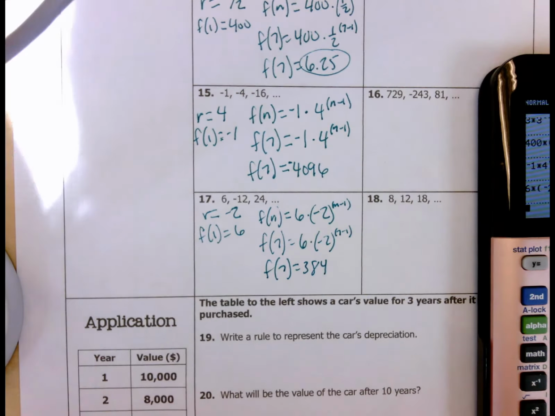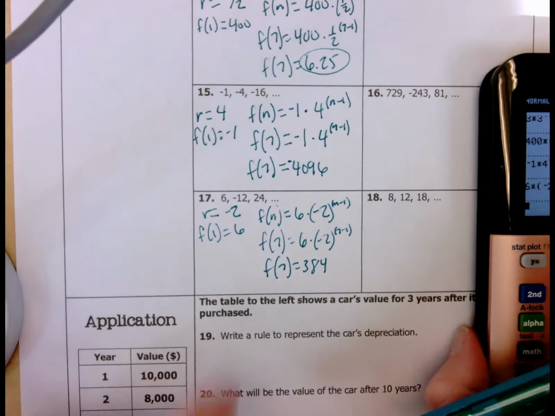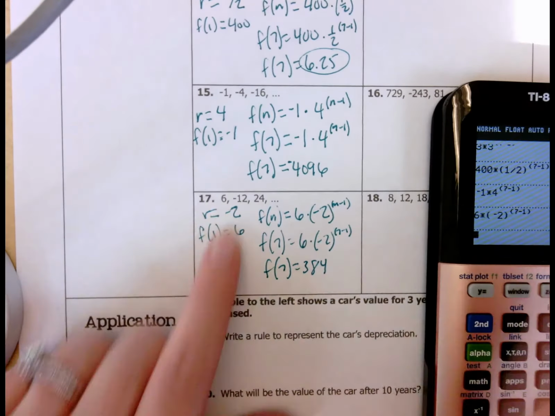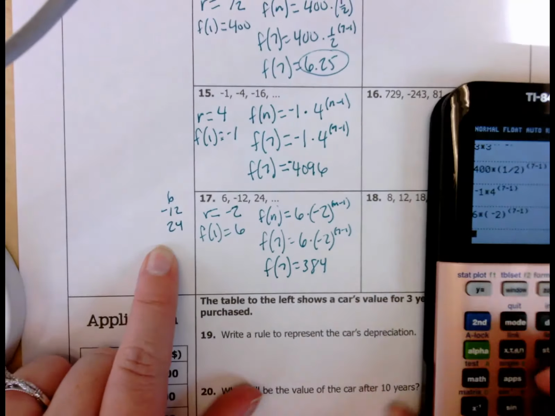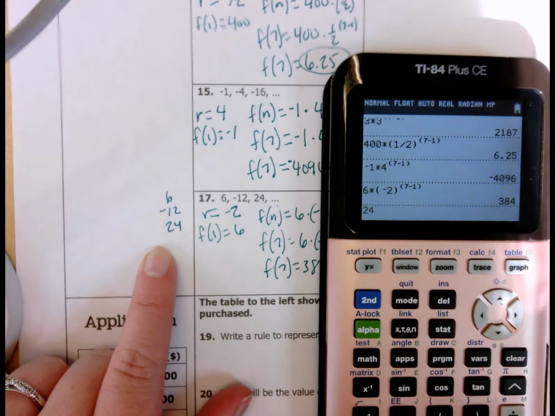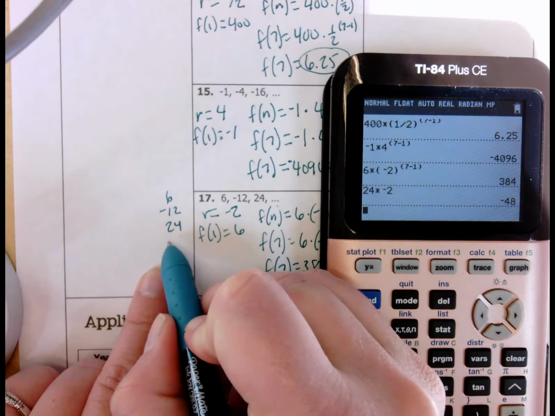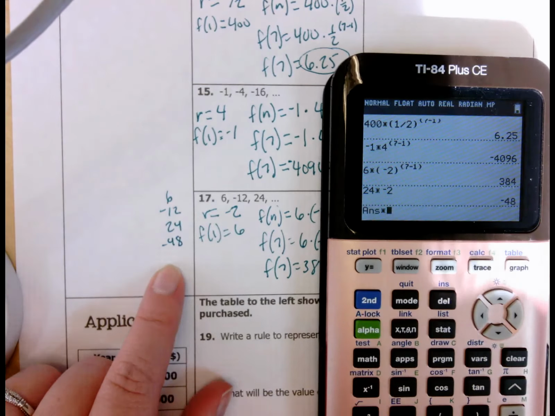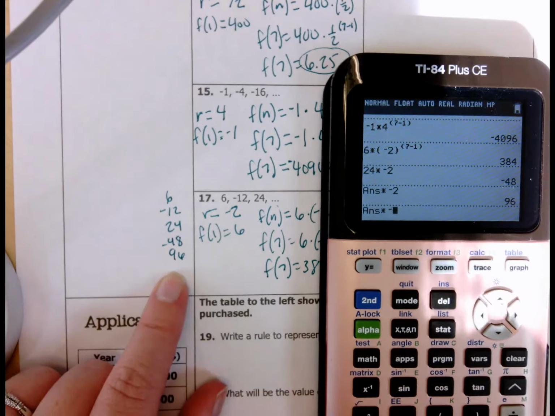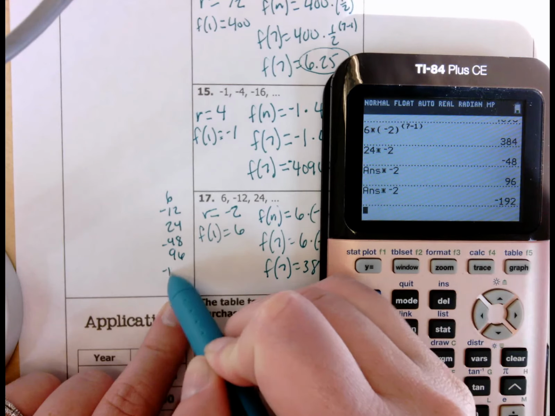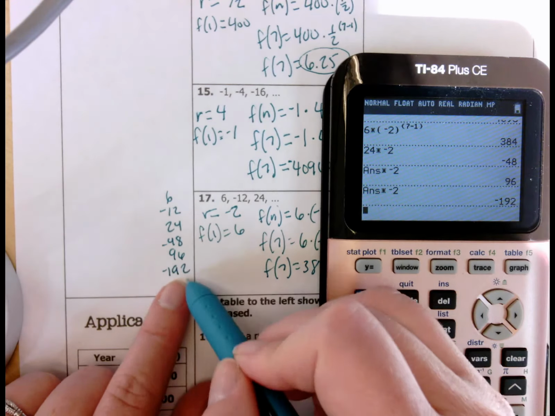And of course, we could always check ourselves if we wanted to. The first term is 6, the second is negative 12, and then the third is 24. And if we kept going with that pattern, 24 times negative 2 is negative 48, and that times negative 2 is 96, and that times negative 2 is negative 192, and that's the 6th term.